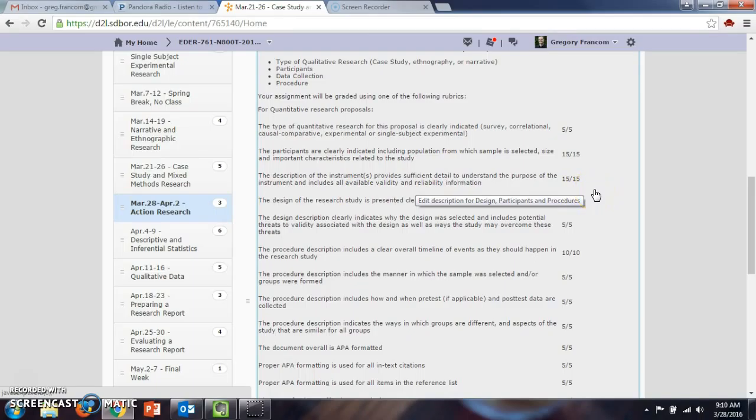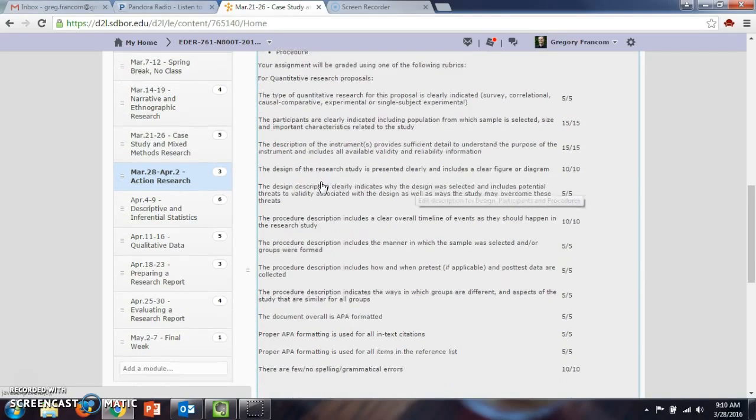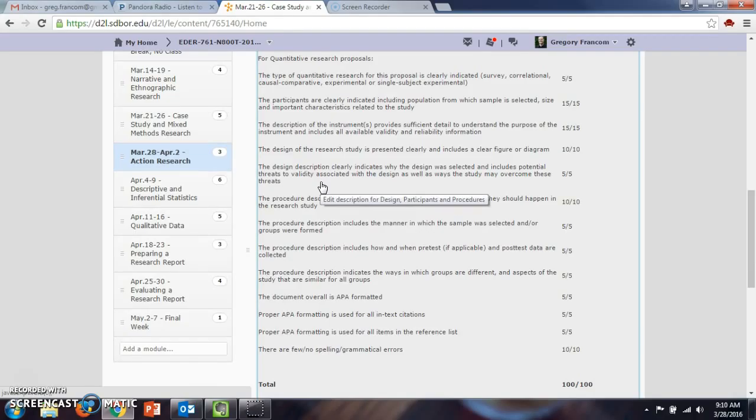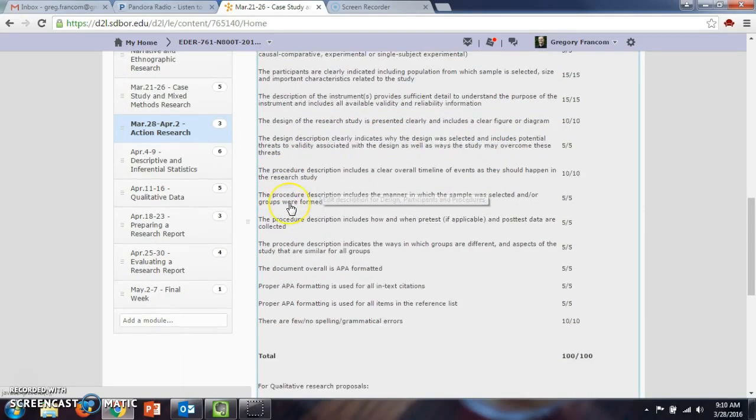What is your instrument? Does it provide sufficient detail to understand the purpose of the instrument and include all available validity and reliability information? And this one, you'll have to look around. You'll have to see if there's an instrument out there already that has good validity and reliability information in order to implement that. I look for a clear figure or diagram for the design of the study and why this design was included.